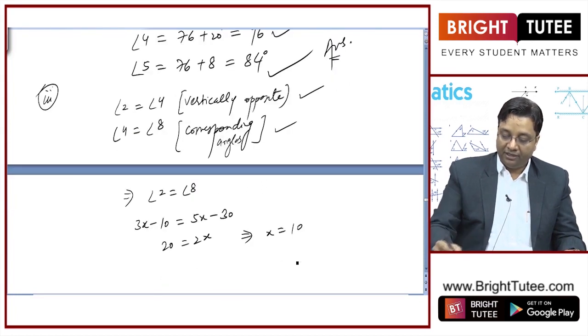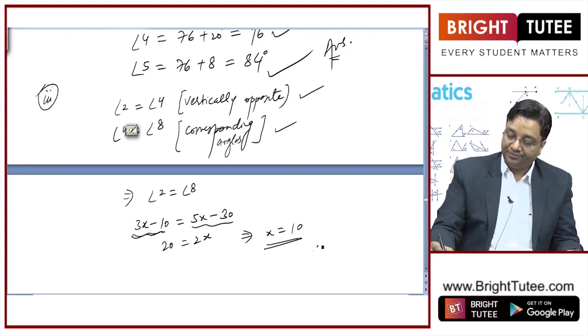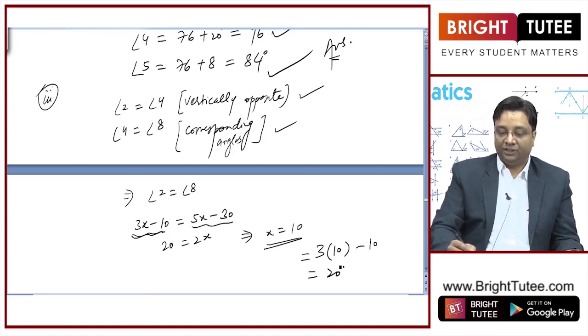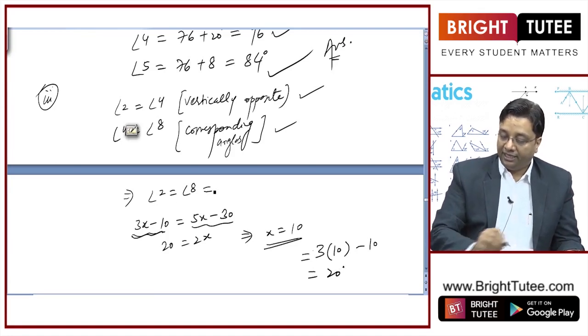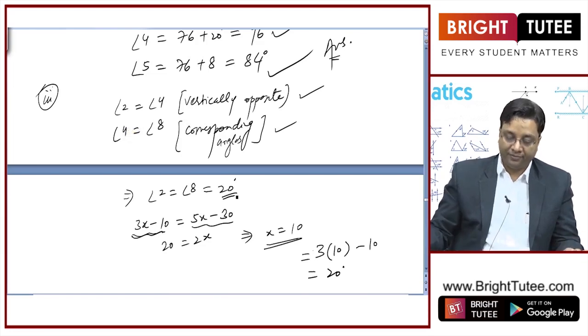Now that I have got x equal to 10, I can put it in any of these to find the value of angle 2 and angle 8. So let us put it here, 3x minus 10. So it will be 20. So angle 2 and angle 8 both are 20 degrees. Okay, this is the third part.